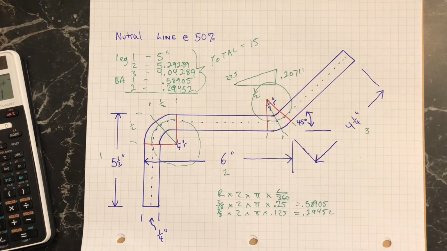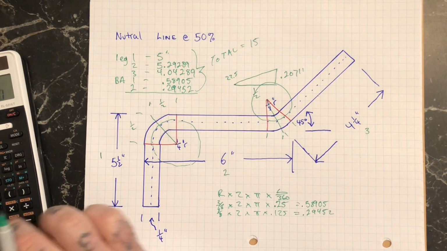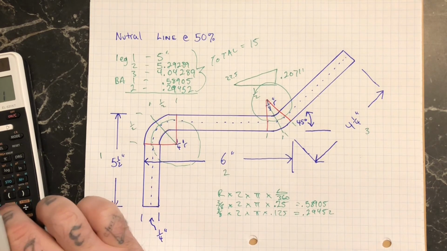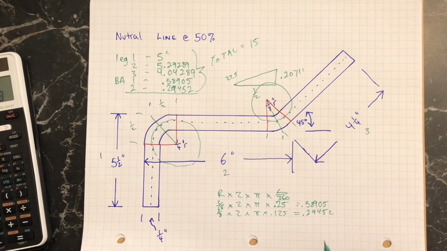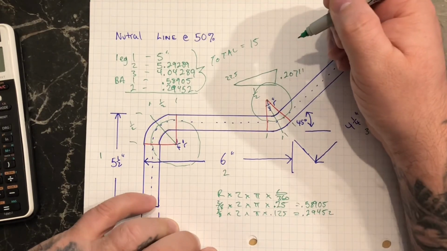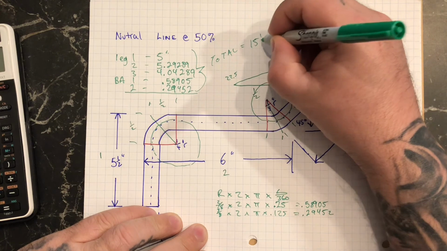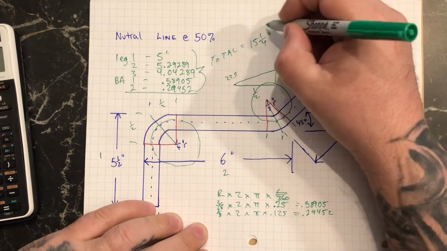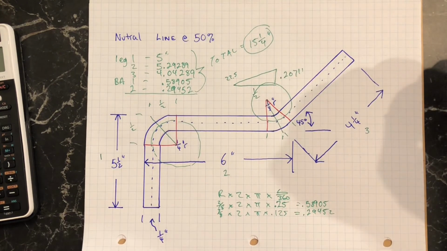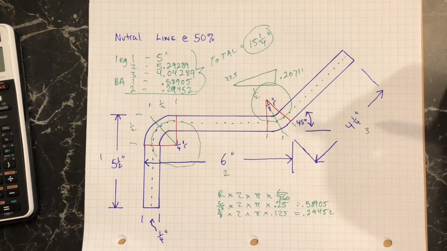I'm just gonna turn this right into a fraction, so I'm gonna minus 15 and times 16ths, and it gives us 4/16 or 2/8 or 1/4. 15 1/4. So that should be the total for this piece.